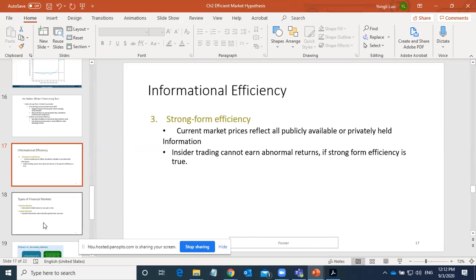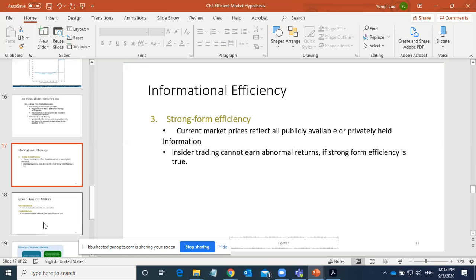That's why the law and regulation says you cannot do that. You do insider trading. You know what insider trading is? You use private information to start investing in that stock. If you are caught, you will be put in jail. Not only the penalty, you also go to jail. So that's why, for strong form market efficiency, a lot of people don't agree.